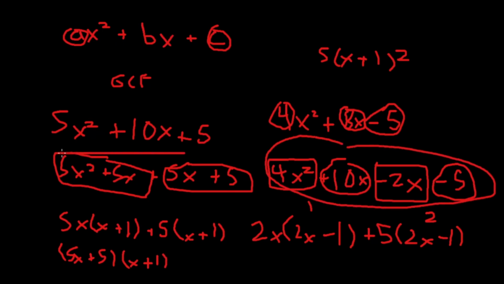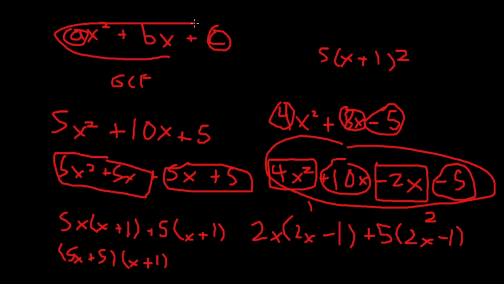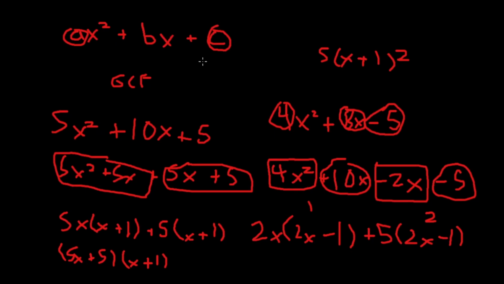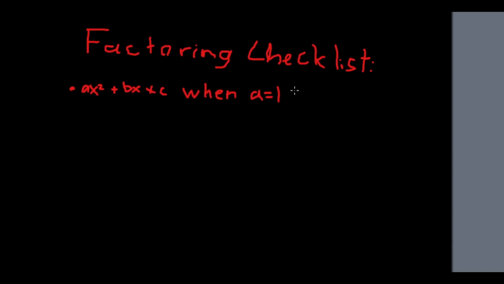Basically what we did here, the grouping method, is essentially always going to get you the answer to these ax squared plus bx plus c problems. So now we go back to our factoring checklist, right? We know how to do this.